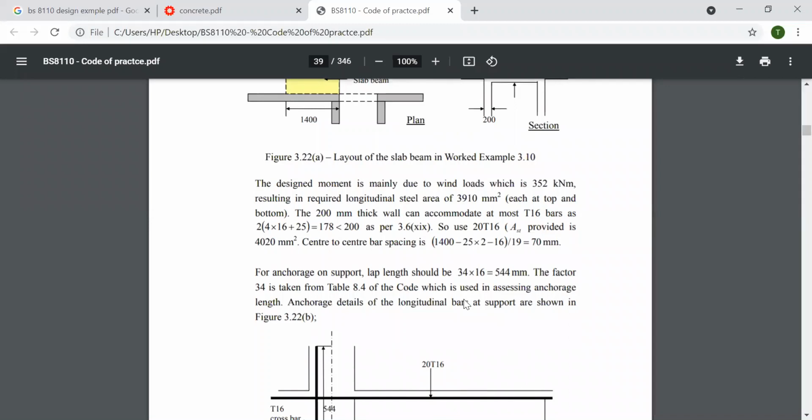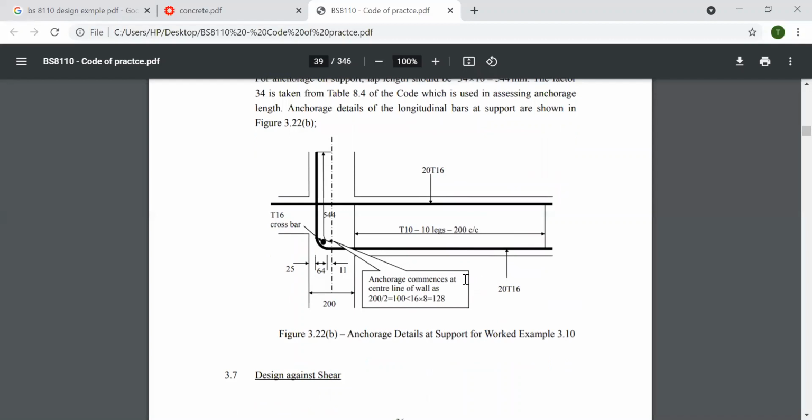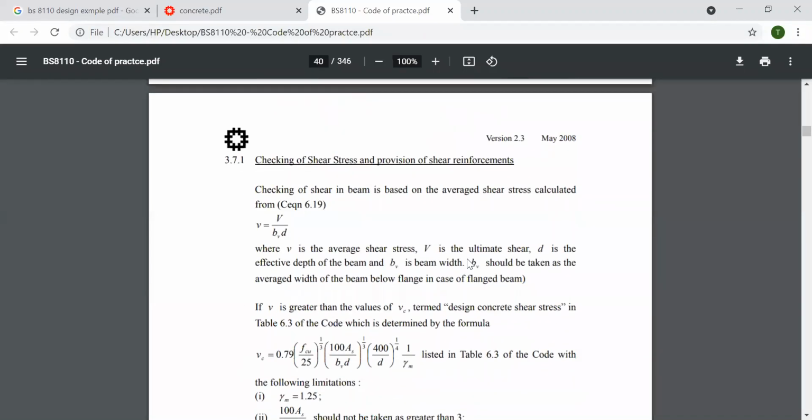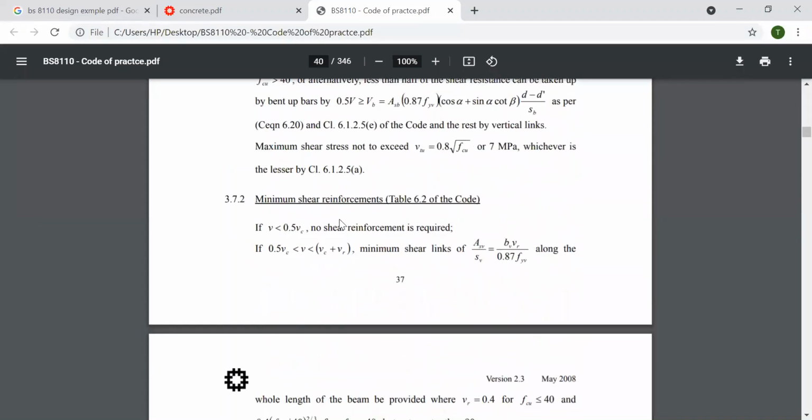You can see how the equation is being derived, and the design of the shear reinforcement, I don't think I should spend much time on this.